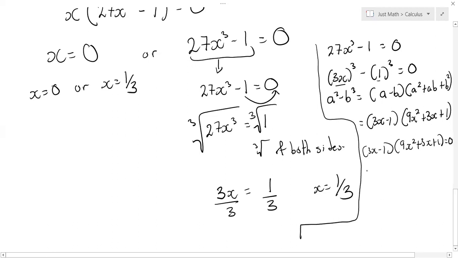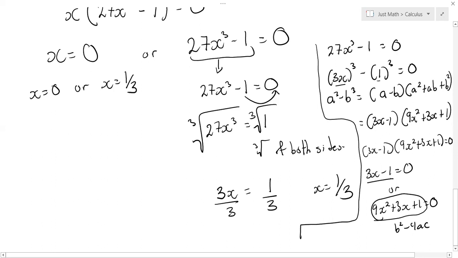So it means that either 3x minus 1 is equal to 0 or 9x squared plus 3x plus 1 is equal to 0. Now, this one has no solution. Because this looks like a quadratic equation, if you use b squared minus 4ac, you see that the discriminant is less than 0, so this has no solution.